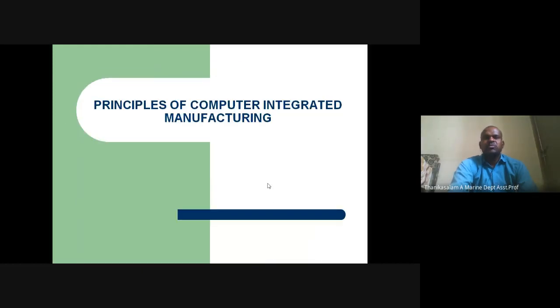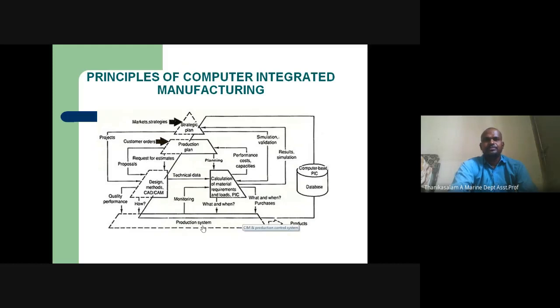Then, principles of computer integrated manufacturing. By using computers, there's a database. For any product, it has a database: the design methods, the design procedure, material properties, everything.